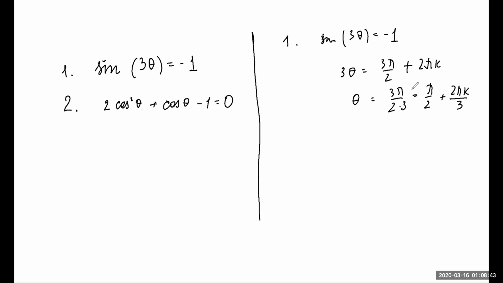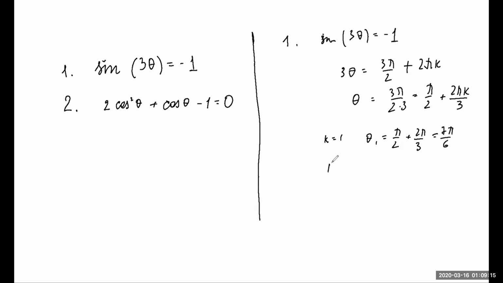Let's see if some of these k's are going to give me solutions which fit into my interval from 0 to 2 pi. Let's set k equals 1. So theta equals pi over 2 plus 2 pi over 3. Well, common denominator is 6, so it's 3 here, 4 here, and I'm going to get 7 pi over 6. Well, it still fits into the interval from 0 to 2 pi.